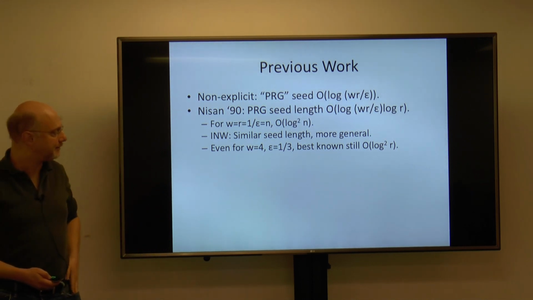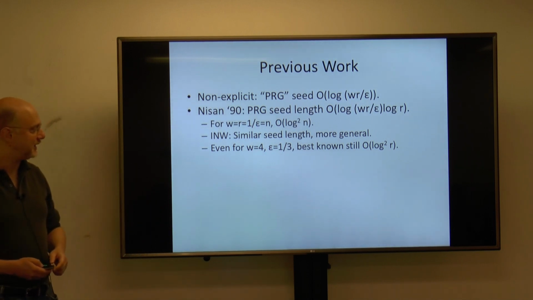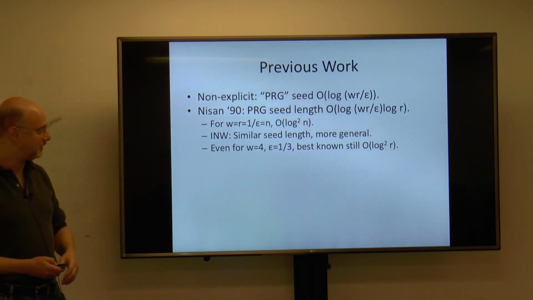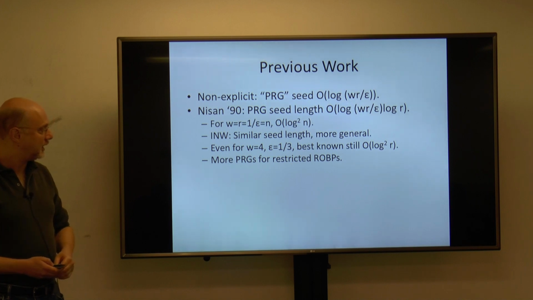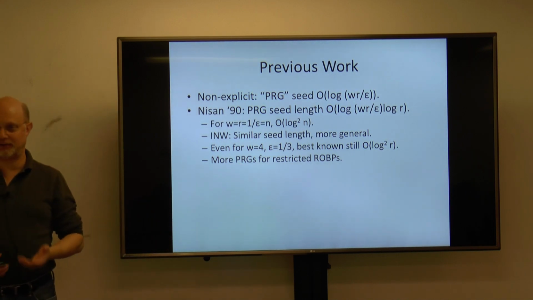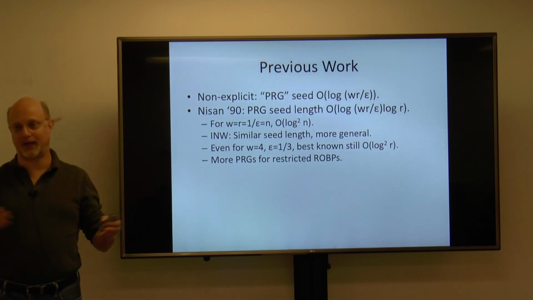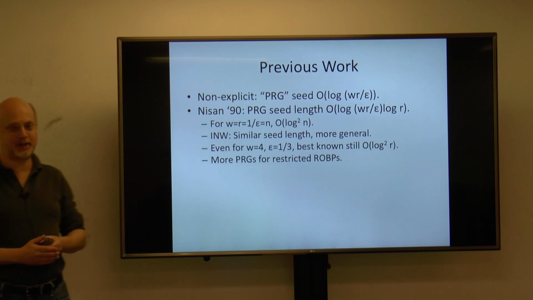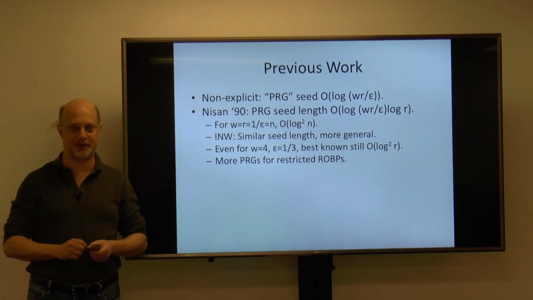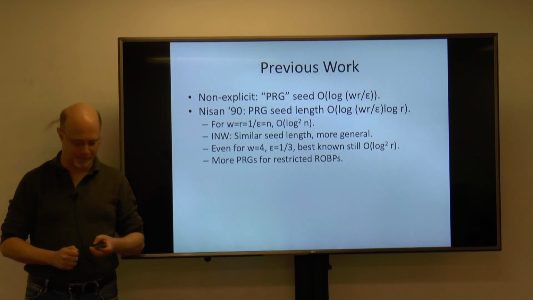Until recently, it was actually just W equals 3, but there was some nice progress on width 3. But there are more pseudorandom generators in restricted settings, so you can look at regular branching programs, permutation branching programs, a variety of restricted models. But in this talk, we're focusing on the general model.